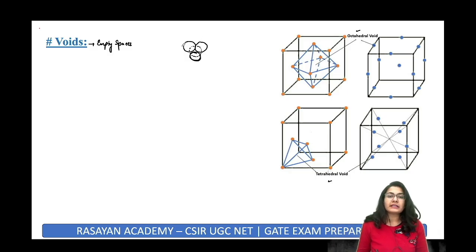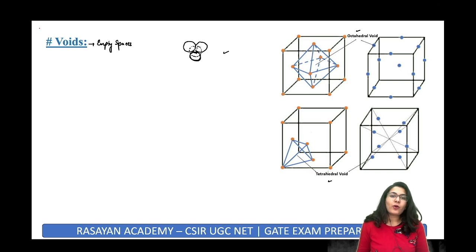When you are placing these kinds of 4 atoms, think with respect to the void. The void is surrounded by 4 different atoms.